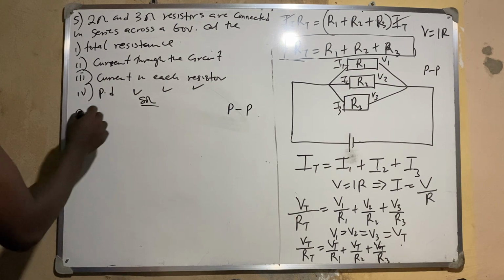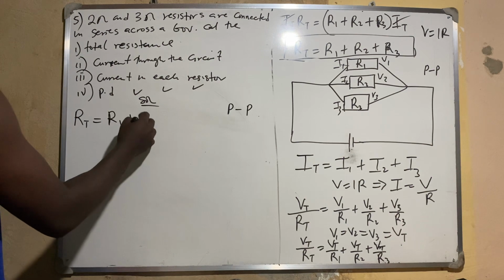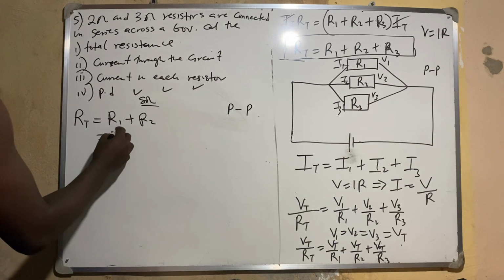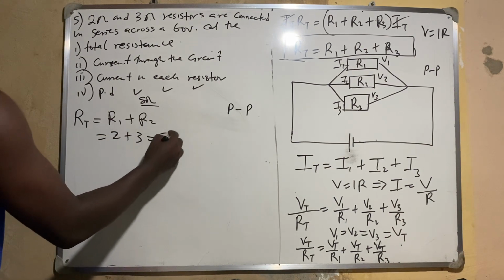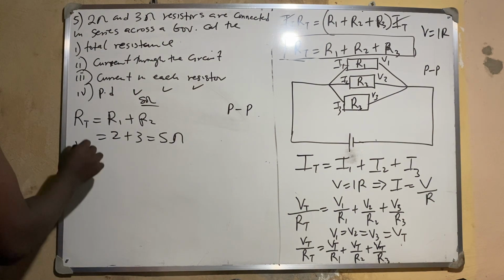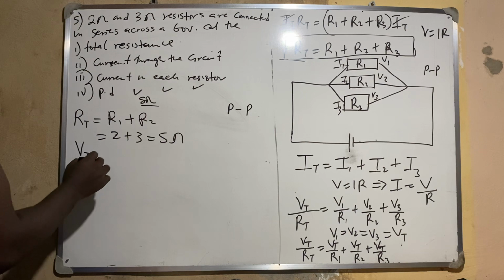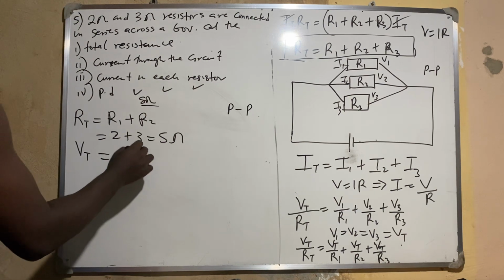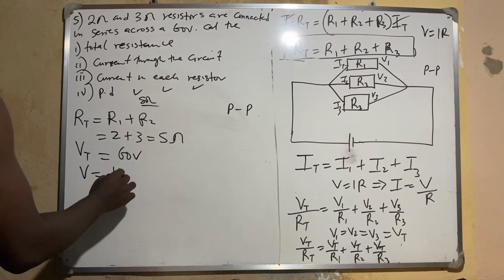The total resistance for series is just R1 plus R2, which is 2 plus 3, which is 5 ohms. They gave me the total potential difference, 60 volts, and I know that V is equal to IR.